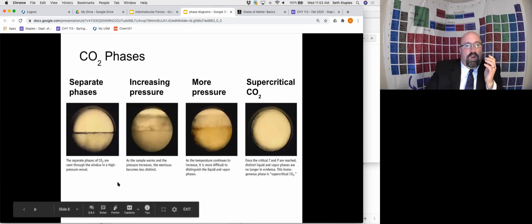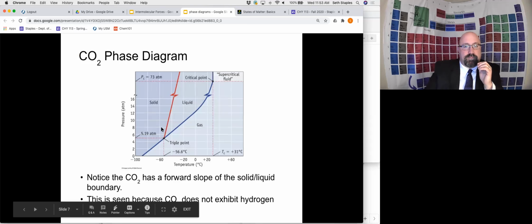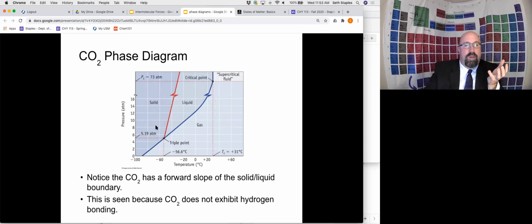And so carbon dioxide, if we leave a chunk of it sitting out at room temperature, it's going to go from a solid directly to a gas. So actually we'd be moving along this line here. We'd be at a pressure of about 1 atm, so somewhere in here, and we're going to warm it up, and then boom. We're going to skip the liquid phase completely.